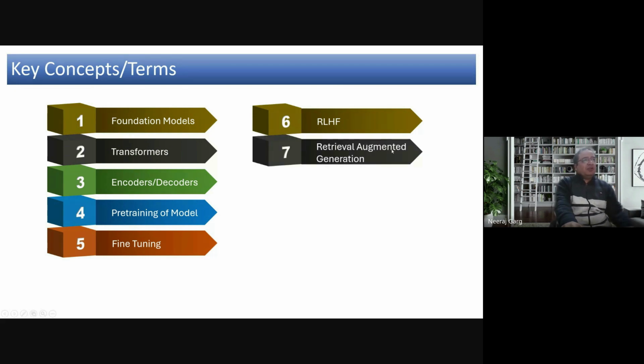Retrieval augmented generation is also an important concept. You would agree that not all questions can be answered by a foundation model or ChatGPT. When I say foundation model, basically it is the model running behind that ChatGPT interface.